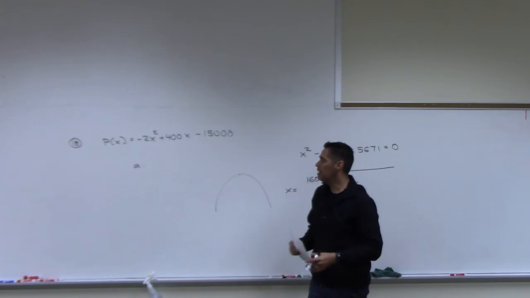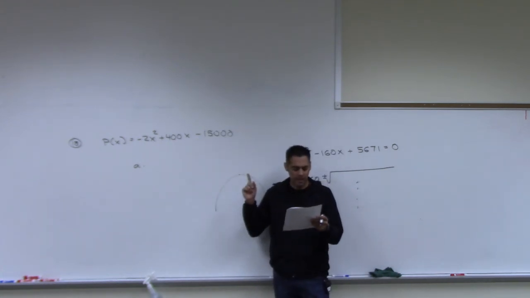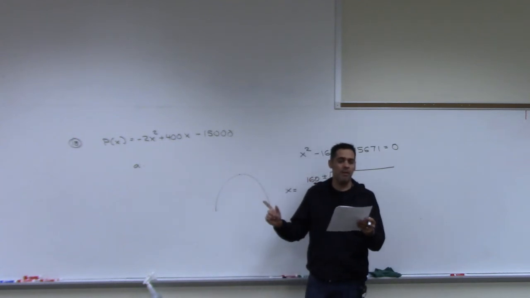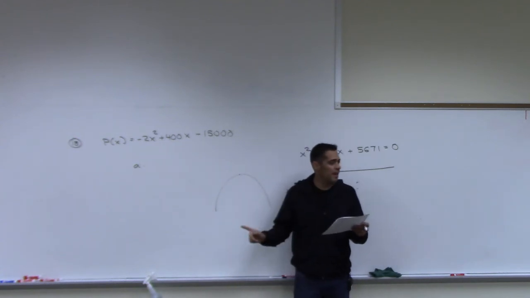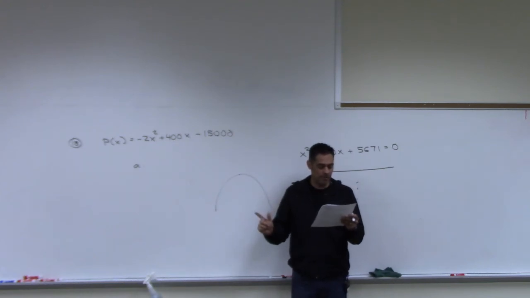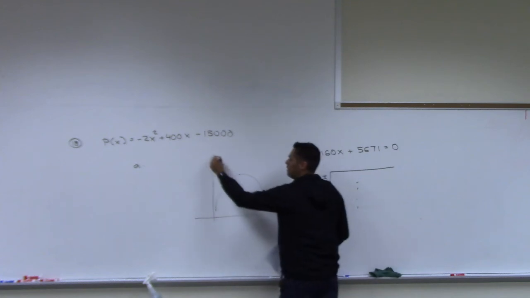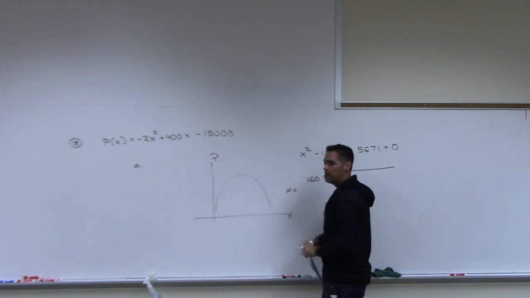Now, specifically, when it says find the number of products produced and sold to yield the maximum profit, do they want the h or the k? Read part B also. Part B says find the maximum profit, right? So when we graph this, profit is here, x is the number of items we sell.